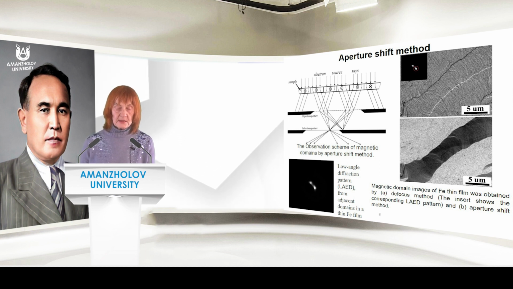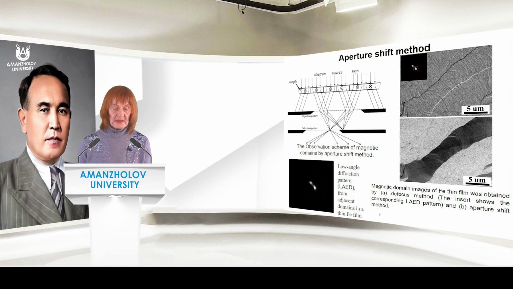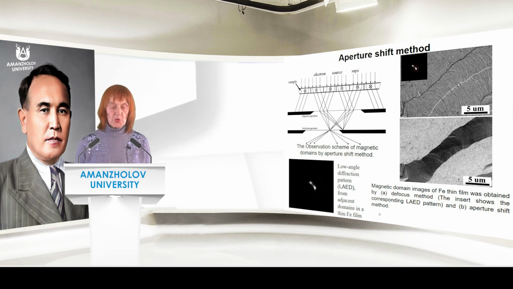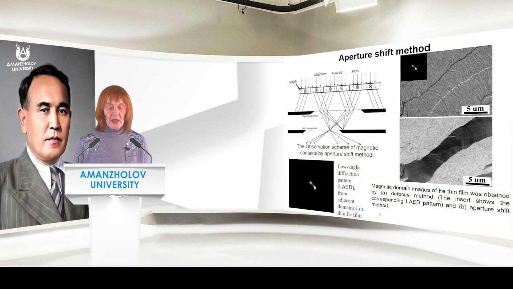The next slide, number 8, shows a magnetic domain image of the iron thin film obtained by the defocus method. The low-angle electron diffraction pattern insert of the earlier picture allows us to determine the magnetization direction of adjacent magnetic domains.